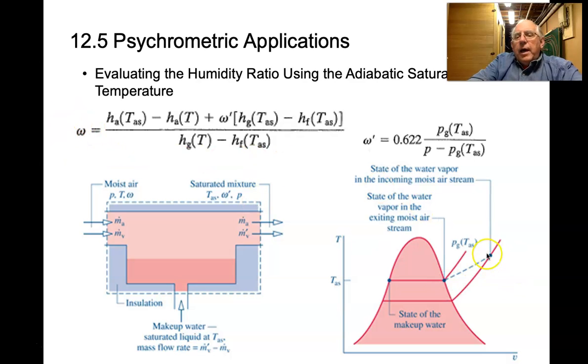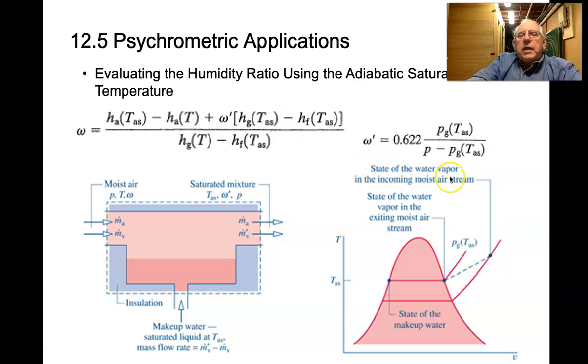What's actually happening in this particular case is that we start at this value here as we come in, and because water is being added to the mixture, we aren't going down a constant partial pressure line. We're actually adding, and so the partial pressure of the vapor is increasing until we reach this point here. So this is actually the process.